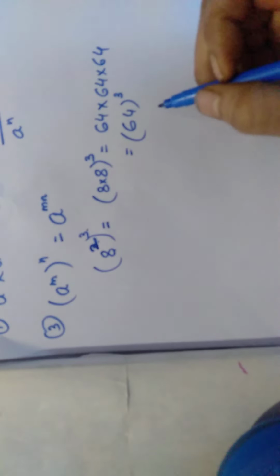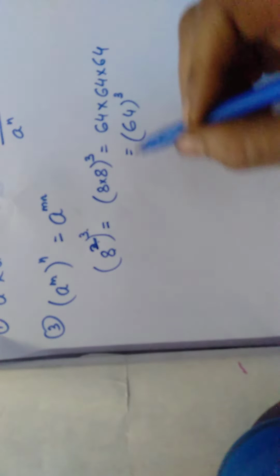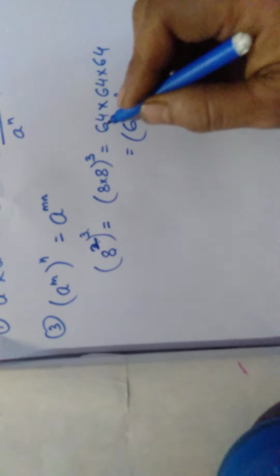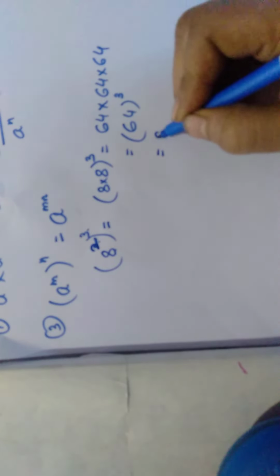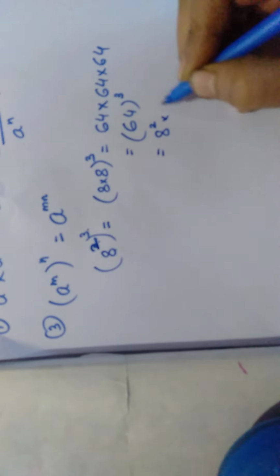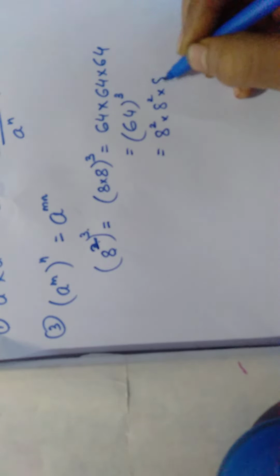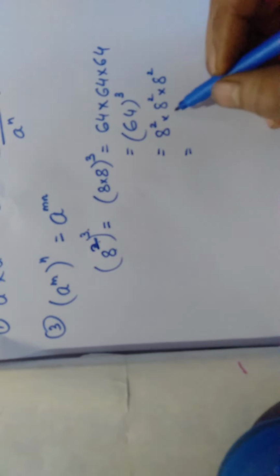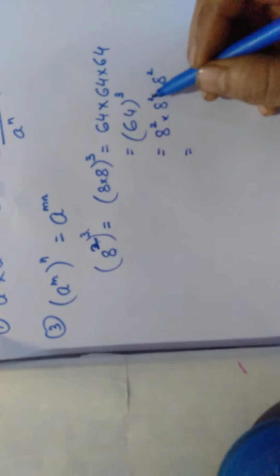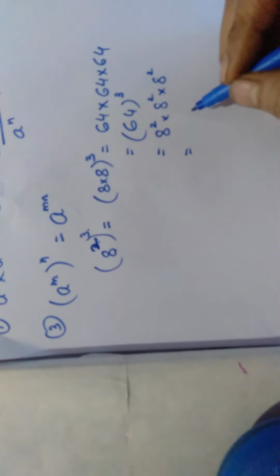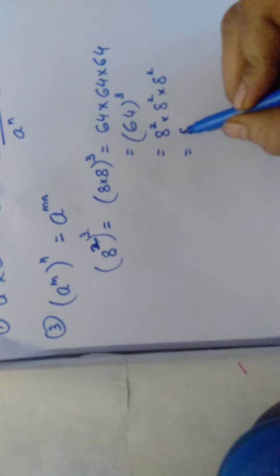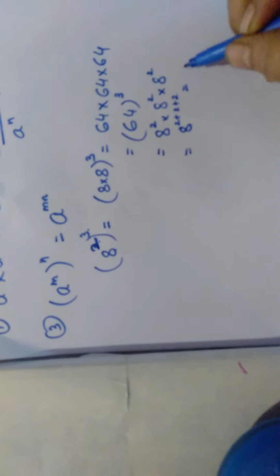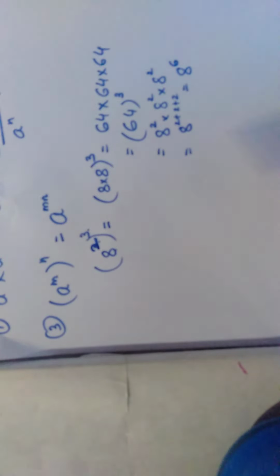Now 64 to the power 3, as 64 is the square of 8, we can write it as 8 square into 8 square into 8 square. Now just see, if the same number is multiplied, the power is added. 2 plus 2 is 4 and 4 plus 2 is 6. As the base is 8, so 8 to the power 2 plus 2 plus 2, that is 8 to the power 6.